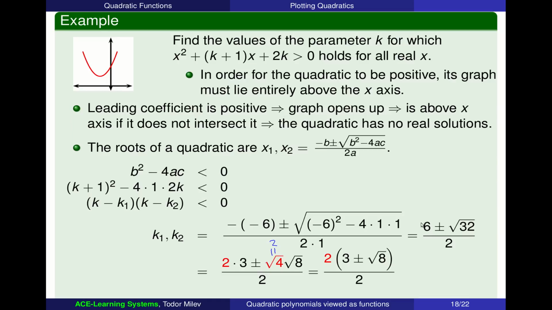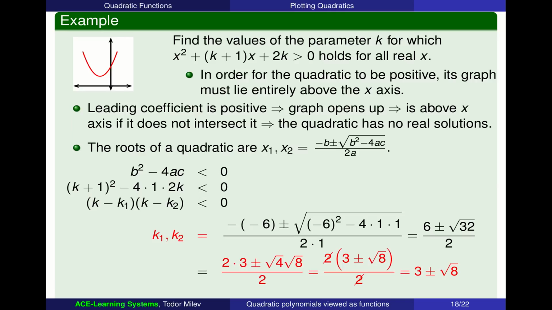That's also why I split the 6 into 2 times 3. Finally I can cancel out the 2 to get 3 plus or minus radical of 8. So these are my values for the parameters k1 and k2.